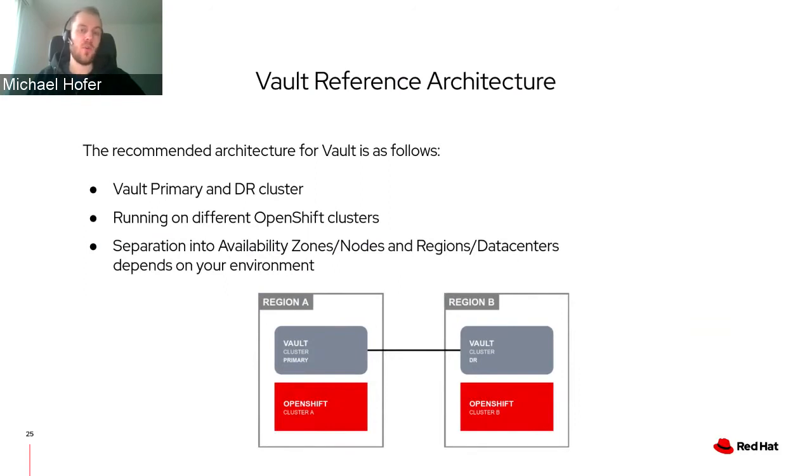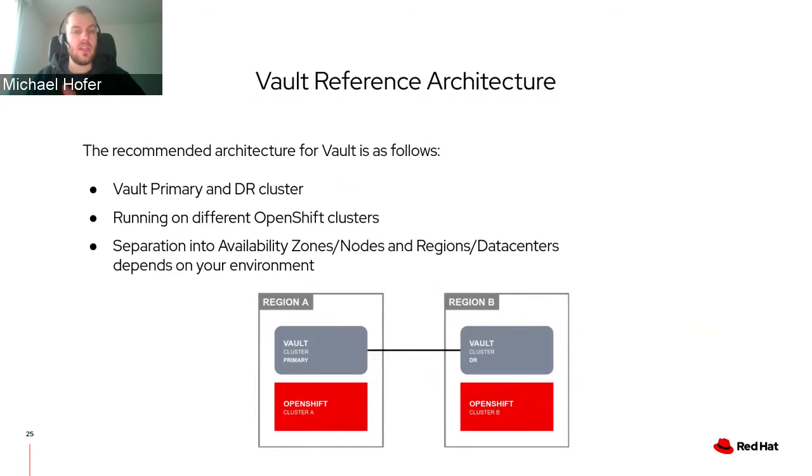How this specifically looks like in your environment depends a bit if you are running in the public cloud, for example, or you have a more traditional on-premise data center. But Vault and OpenShift can very flexibly be adjusted to the amount of availability zones in the public cloud, for example, or ESX nodes in more traditional environments, and also the regions/data centers you have at hand.